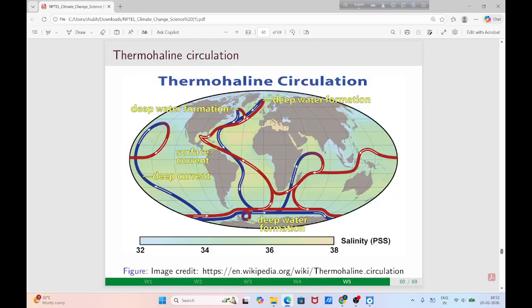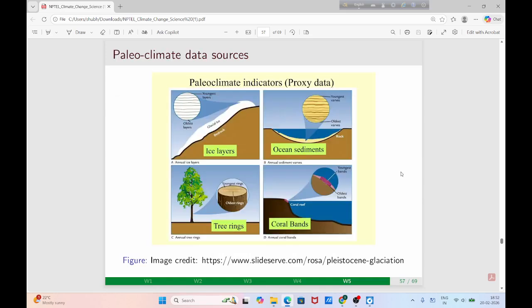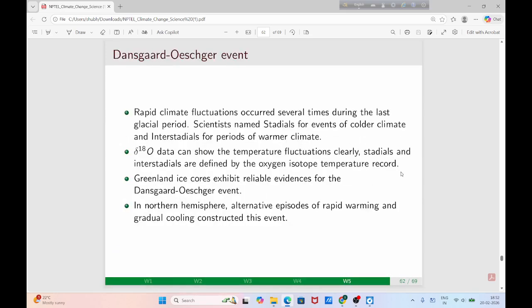If you go to that particular chart, in the Pleistocene period, a large change or fluctuation in the temperature had occurred several times. Now, stadials are for colder climate when there were more ice caps or ice sheets, and interstadials for warmer climate which had less ice sheets. Determining that requires the data from oxygen isotope, delta 18O.